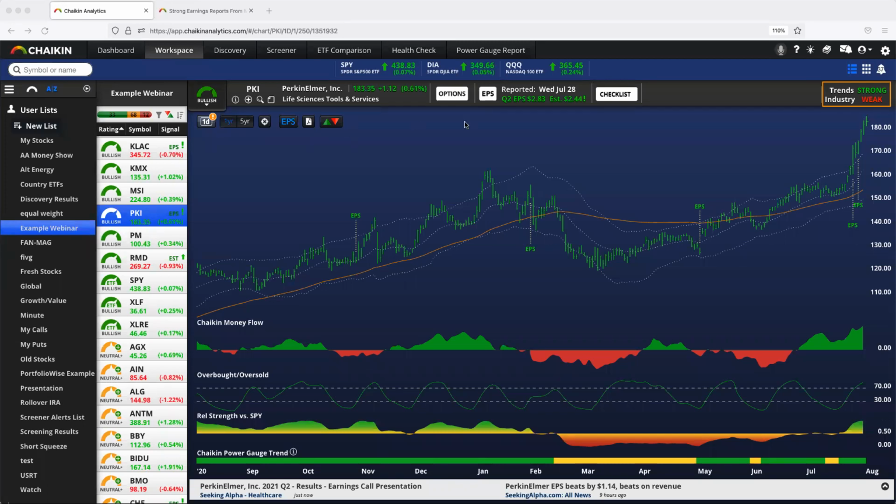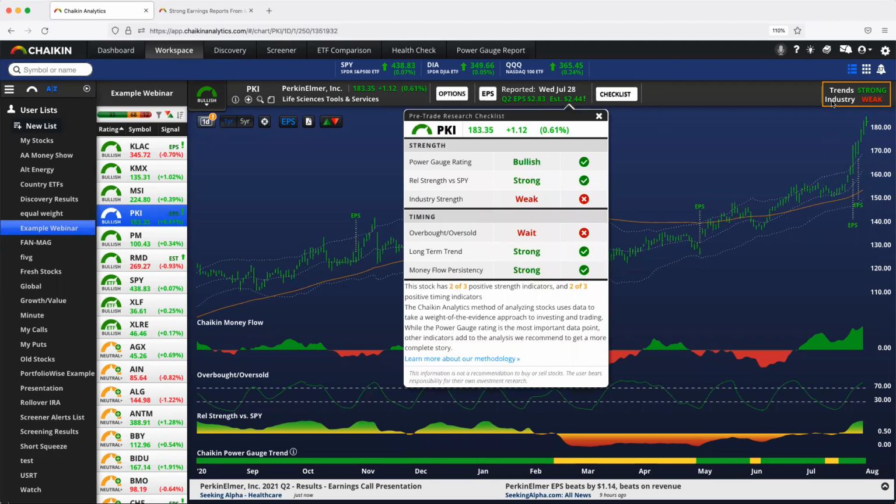Keep in mind the trends and industry items that we see in the top right corner of the chart are also part of our checklist, right? Industry strength matches what we are going to see in the top right corner of the screen, weak or strong. And we do see trends similarly in the long-term trend here in the checklist.